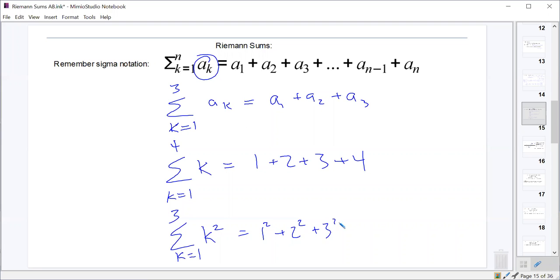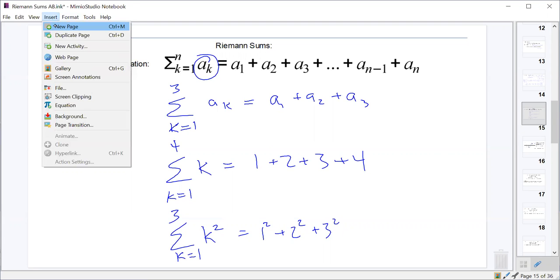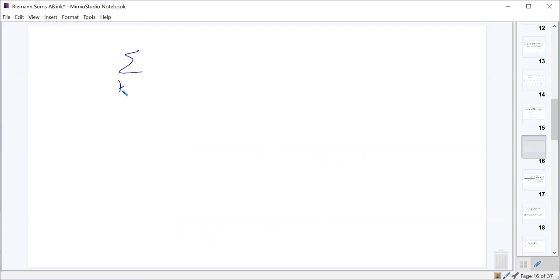Exactly. And if I asked you, what was the sum from k equals 1 to 4 of 5? What would that be? Would it just be 5 plus 5 plus 5 plus 5? Yep, I would add together 5s from the first 5 to the fourth 5. It'd just be 5 plus 5 plus 5 plus 5.